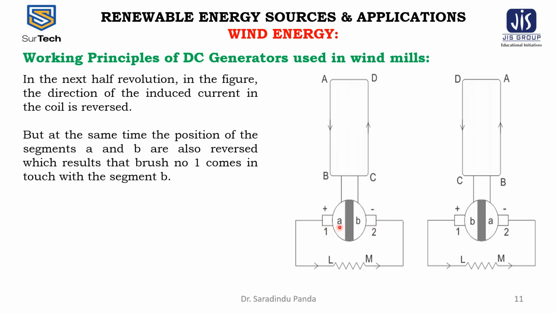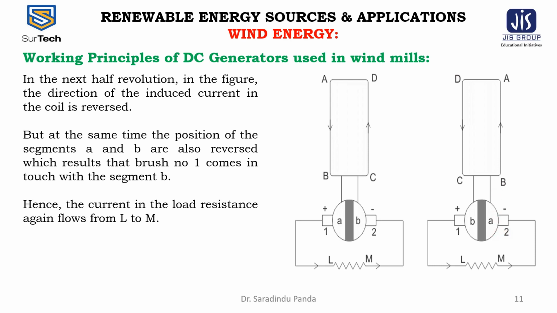Here A is connected with brush 1 and here B is connected with brush 1. So the segments A and B are reversed, which results in brush number 1 coming in touch with segment B as shown in the second figure. Hence the current in the load resistance again flows from L to M.